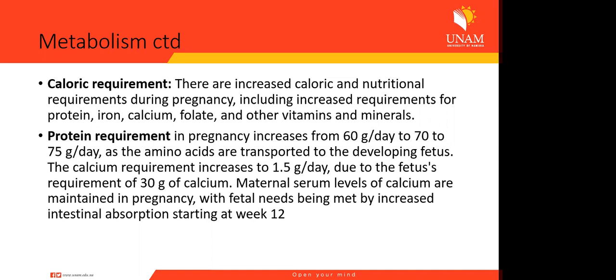The protein requirement in pregnancy increases from 60 grams per day to about 70 to 75 grams per day, because most of the amino acids are transported to the developing fetus. Also, the calcium requirement increases to 1.5 grams per day. Maternal serum levels of calcium are maintained in pregnancy, while fetal needs are met by increased intestinal absorption, which starts at 12 weeks of gestation.